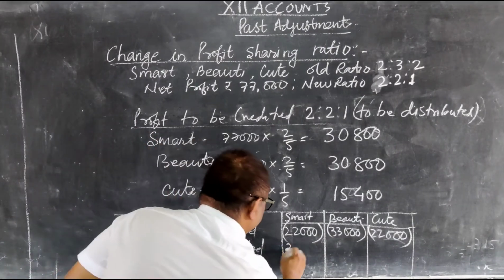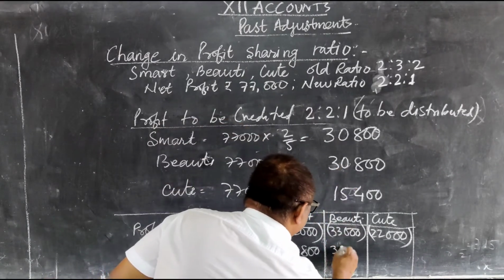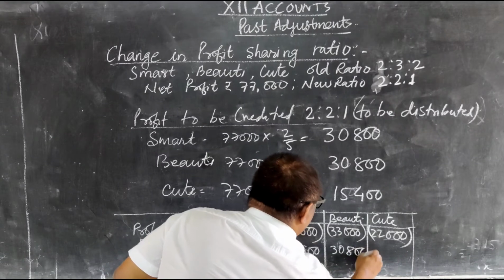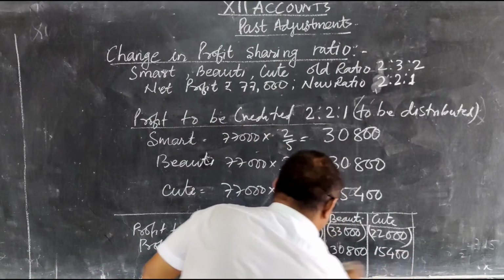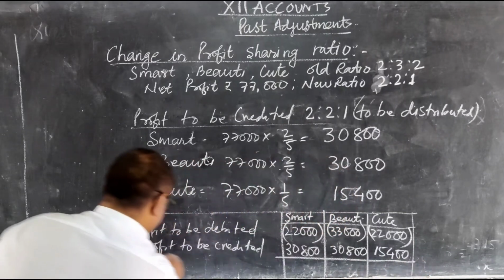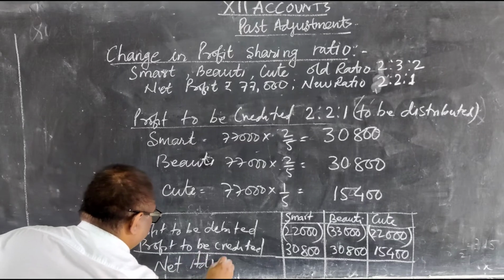How much? 30,800 plus, Beauty also 30,800 plus, and Cute 15,400 plus. So what is the net adjustment now?